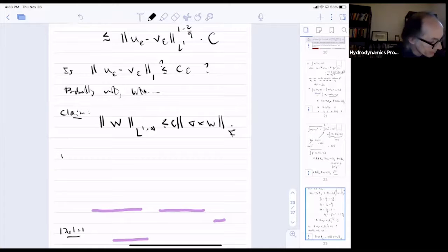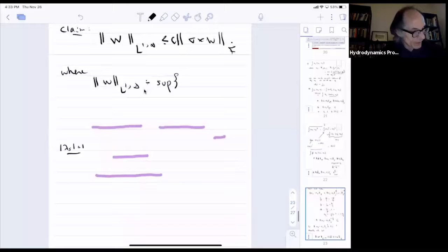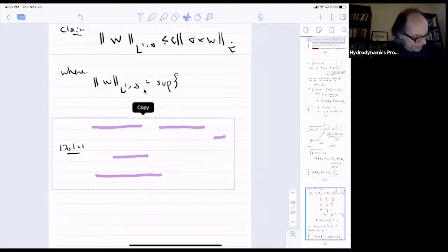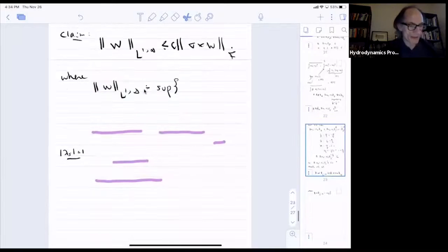Okay, let's write down the definition of the L1 infinity norm of W. It is the supremum of... So what's the point?